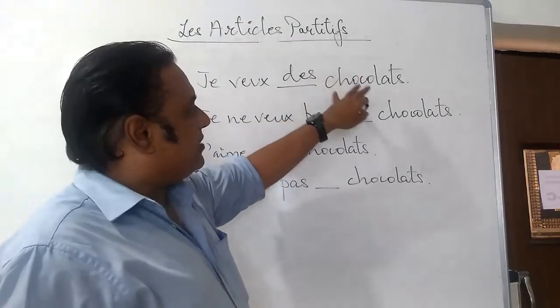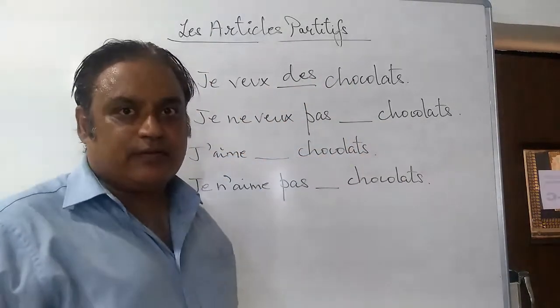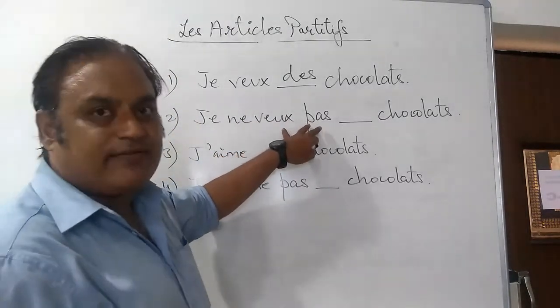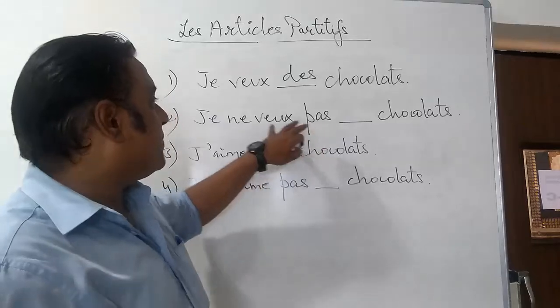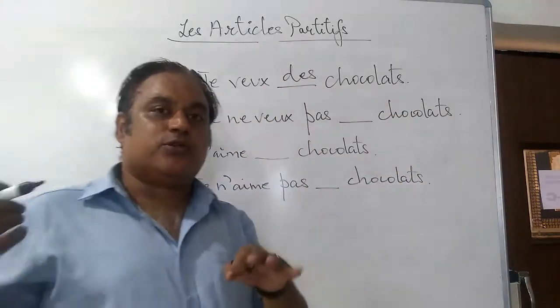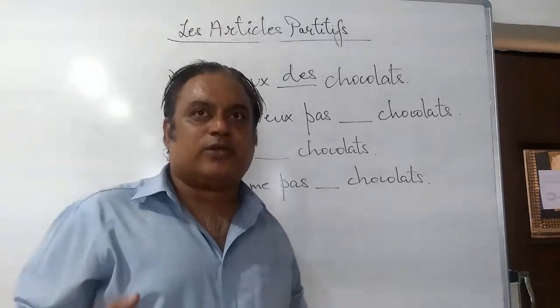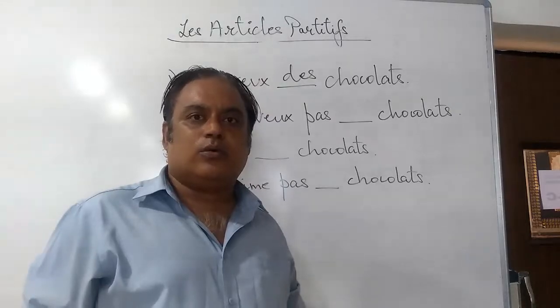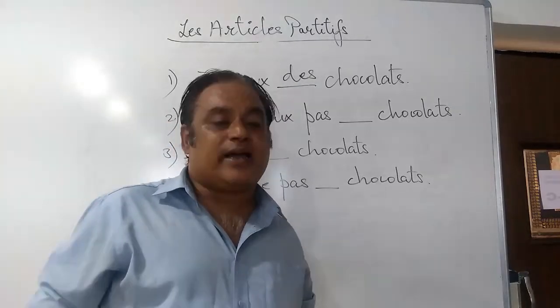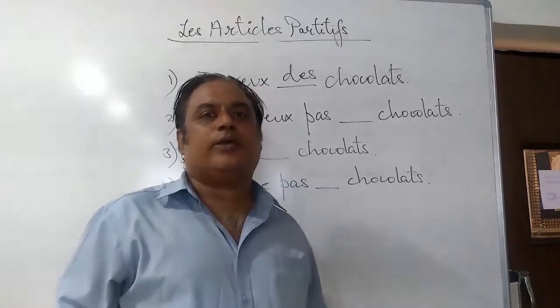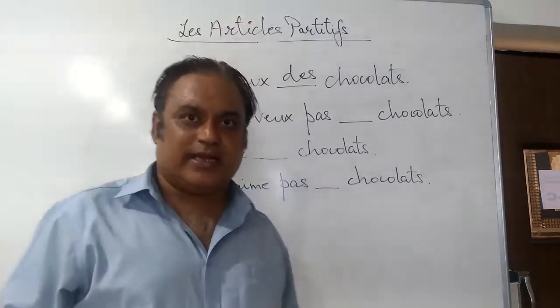Now, when we change this sentence into negative, it's the same sentence, but the second one is the negative construction of the first sentence, right? So, I want some chocolates, and we need to change it into negative. Are we going to say, I don't want some chocolates? No. Then again the implication would be that I don't want some chocolates, I want many chocolates, and that is going to be a wrong sentence.